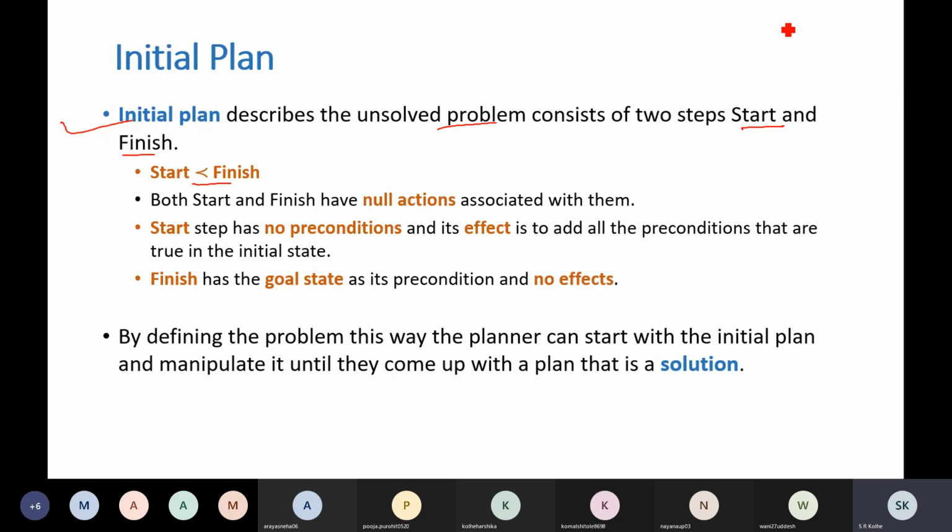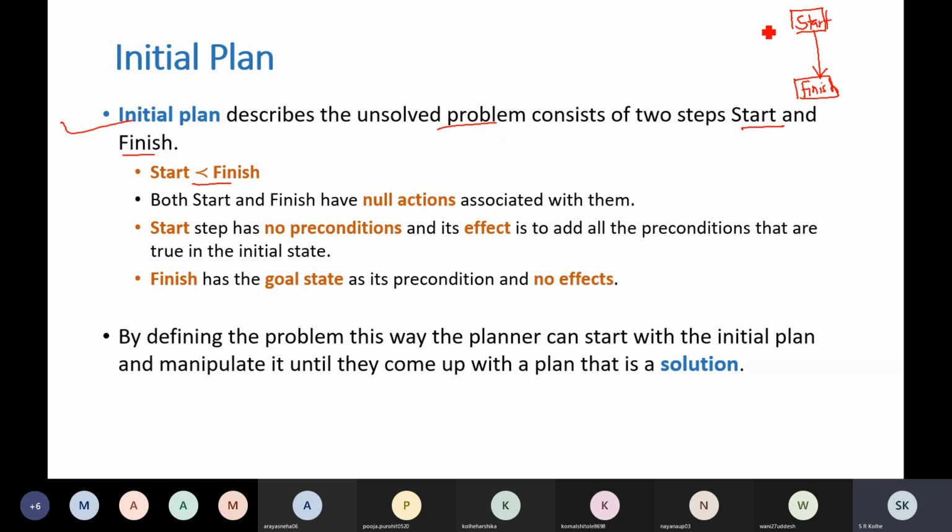Similarly, in that example we have seen, we start with a start step and then finish at the end. Start to finish.